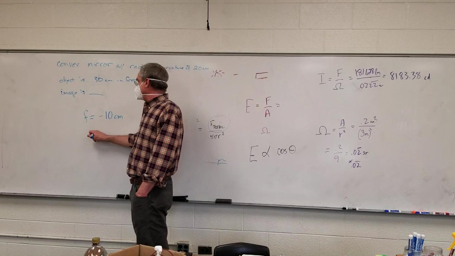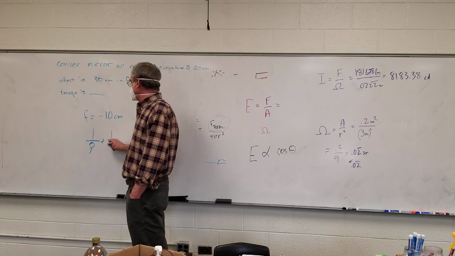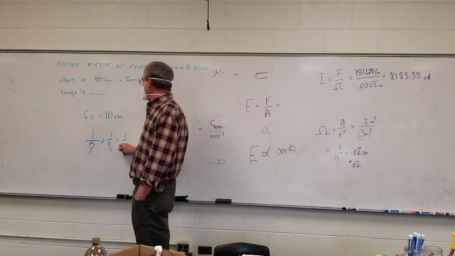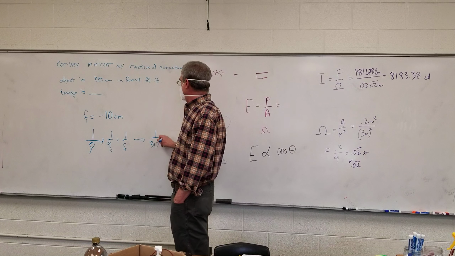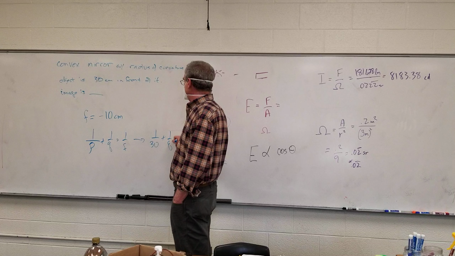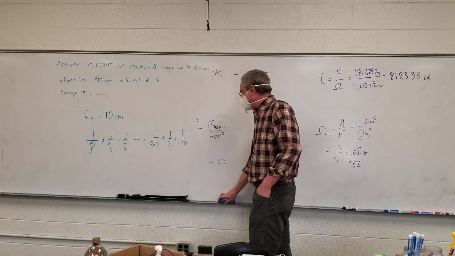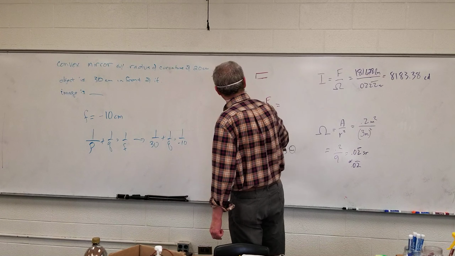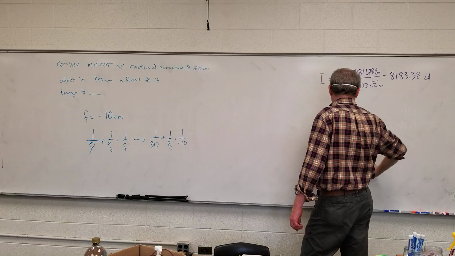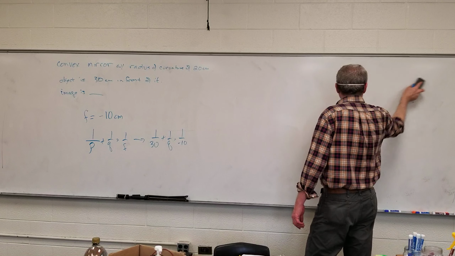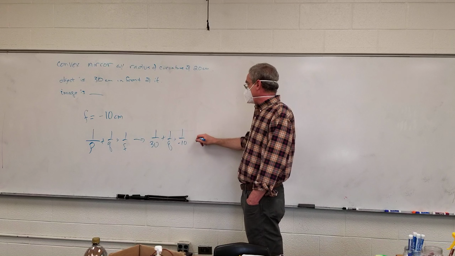So let's just do the math bit first, and then we'll look at the rays. So I got 1 over P plus 1 over Q is 1 over F. So 1 over 30 plus 1 over Q is equal to 1 over negative 10. So do the math thing.